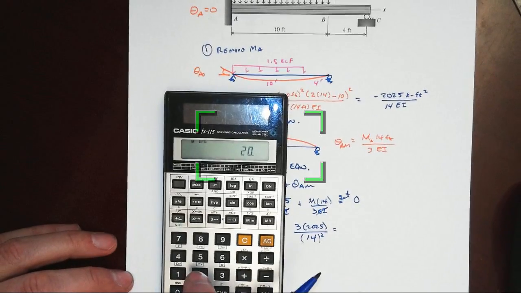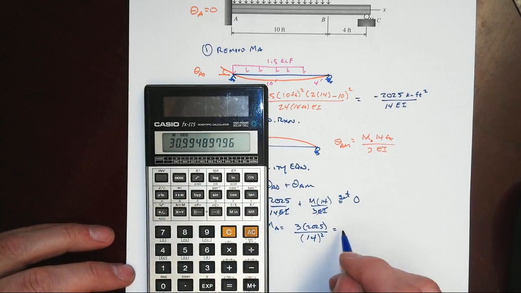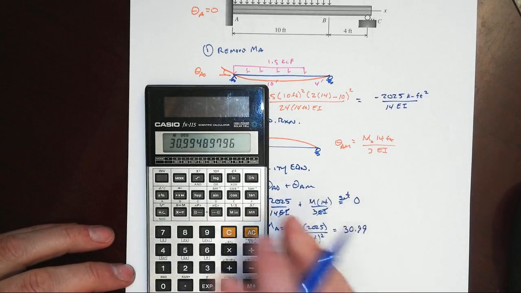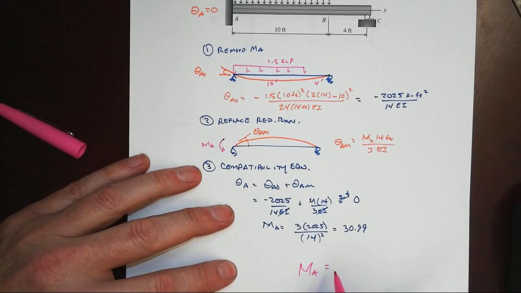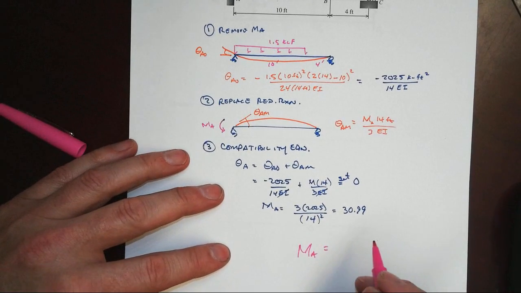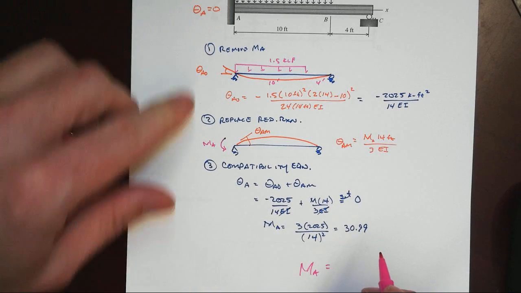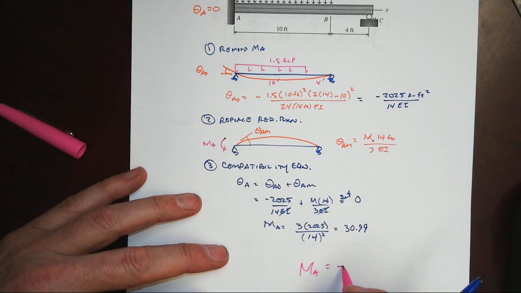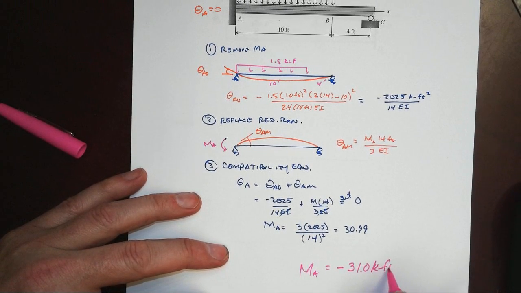And 3 times 2025 divided by 14 squared equals 30.99, or an answer that M sub A is equal to, let's see, this was shown up in the positive sign convention. This would be a negative value for a negative moment there of 31.0 kip feet.